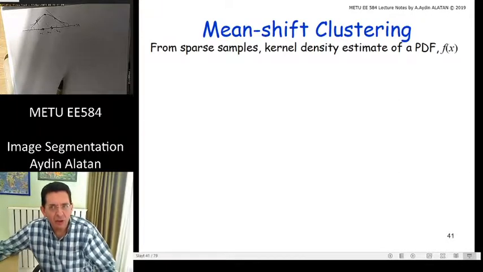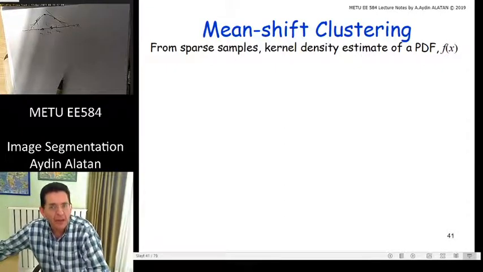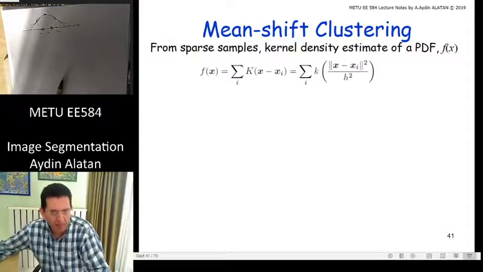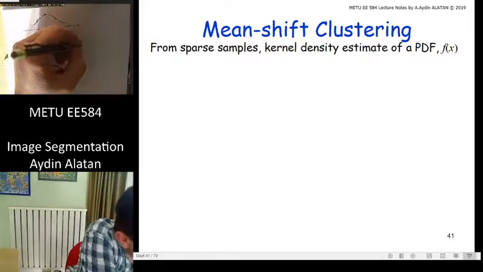Now let's do it mathematically. Although I'm not showing it in this course, in pattern recognition, in probability theory, it's very well known that from the samples you can estimate a PDF function. Now let's assume I have this PDF.